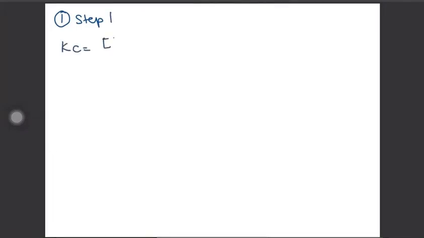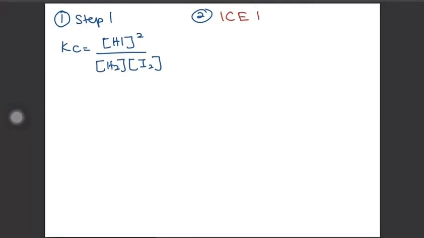So it would be concentration of hydrogen iodide raised to the power of 2, divided by concentration of hydrogen multiplied by concentration of iodine. That's step 1. And step 2 is the compulsory step where you are going to create an ICE table.